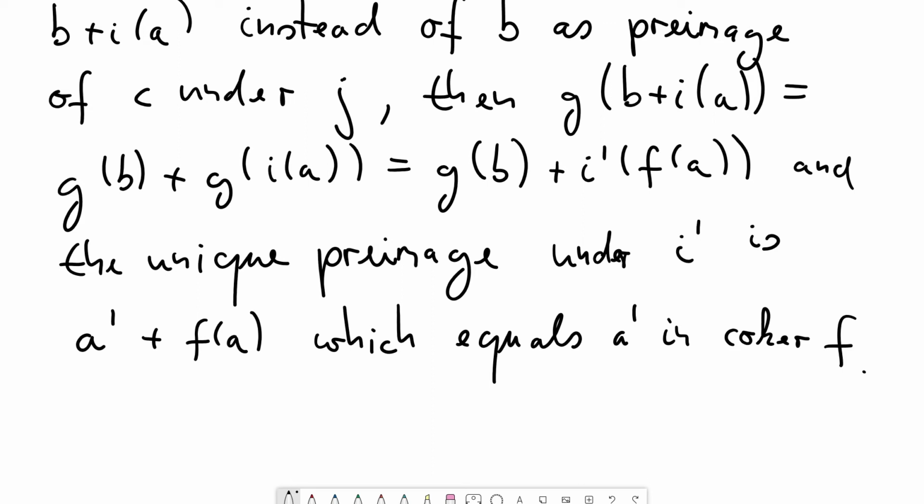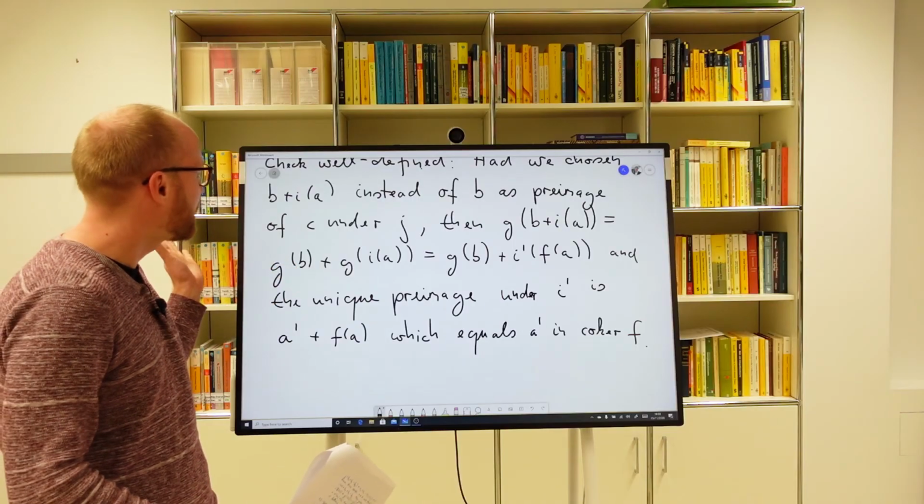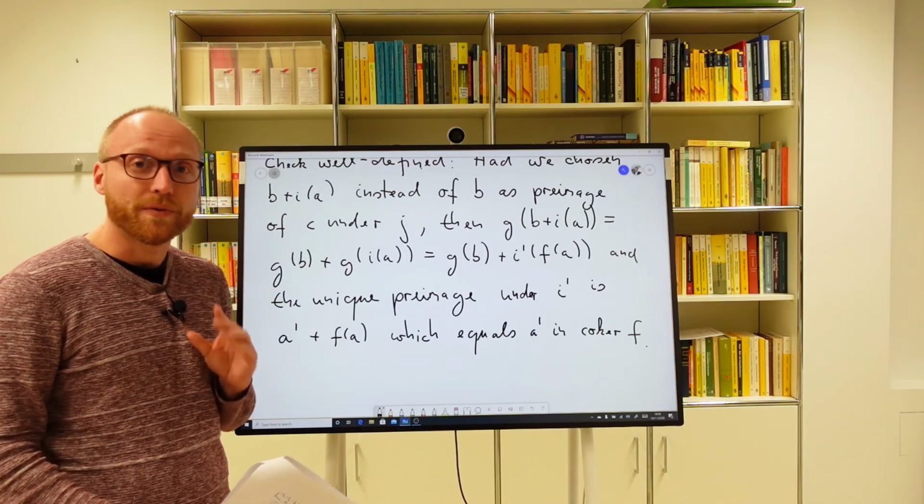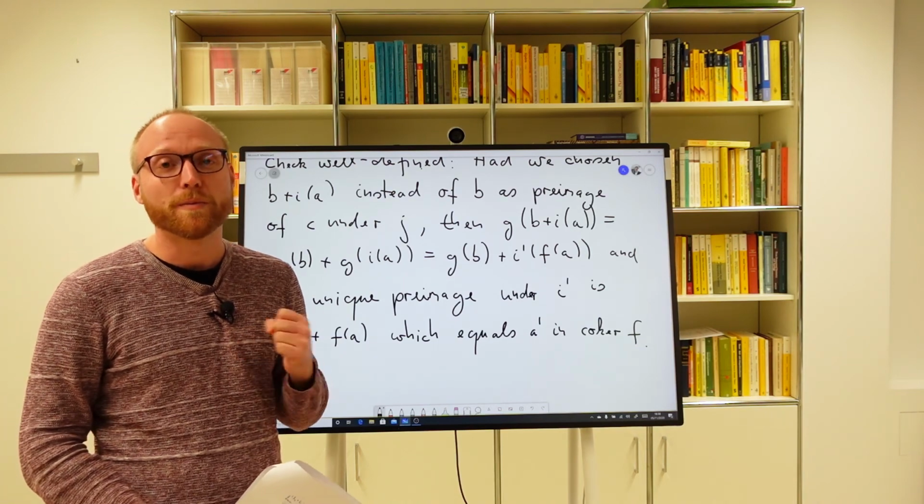So let's collect what we got. First of all, we have defined this homomorphism as a map from the kernel of H to the co-kernel of F. And we also checked that this really is well defined, that the choices didn't matter. But something one can easily overlook is that at no point is it clear that this map of sets that we just defined is actually a homomorphism.